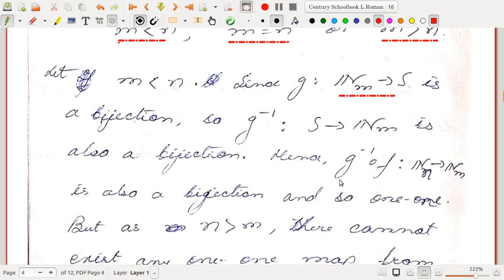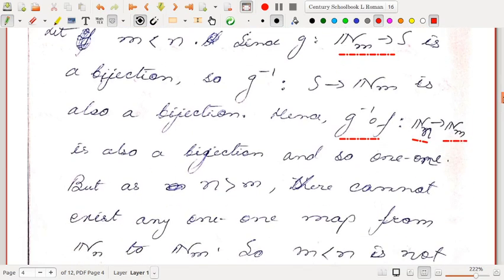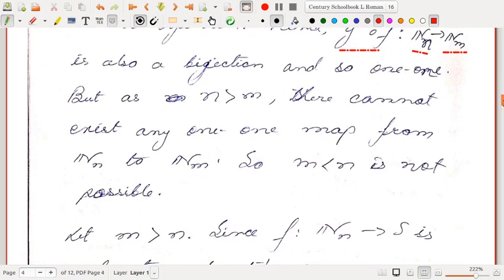Consider the composite map G inverse of F, which is a map from N_n to N_m. This is also a bijection by properties of bijective mappings, so it is a 1-1 map. That means I have gotten a 1-1 map from N_n to N_m even when n is greater than m. But that cannot happen because n is greater than m.